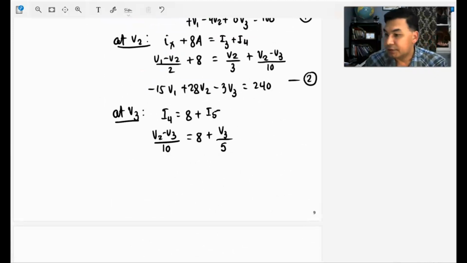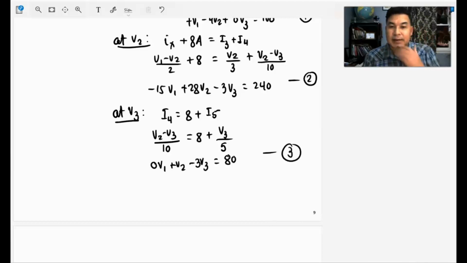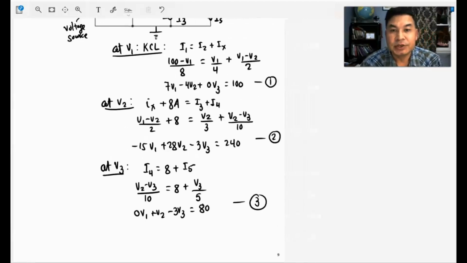Again, simplify that. Once you simplify, there's no V1 here, so you just make the coefficient V1 plus V2 minus 3V3 equal to 80. Equation number 3.